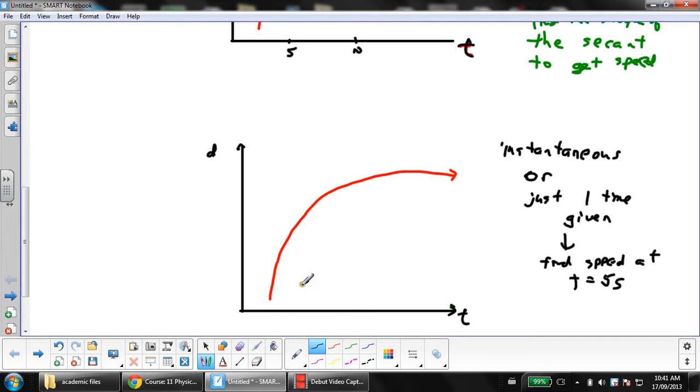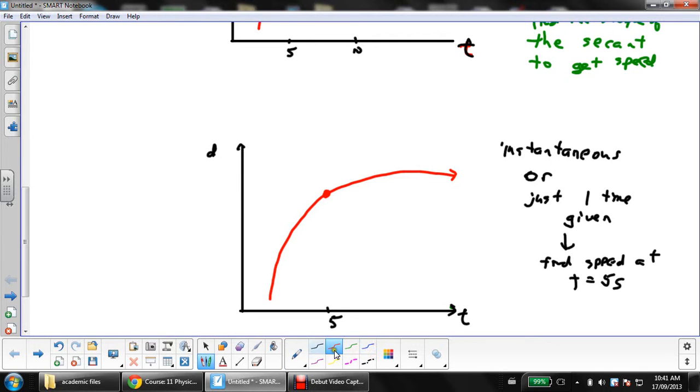And again, let's just say that this is 5 right here, okay? I'm going to go up from the 5, boom. And at this point right here, I need to draw a tangent line to this curve at that point, tangent line.